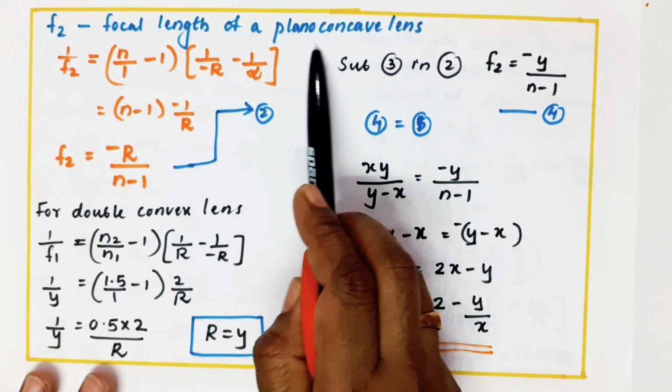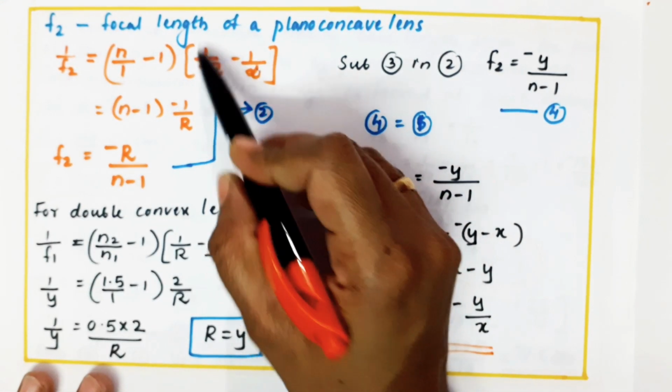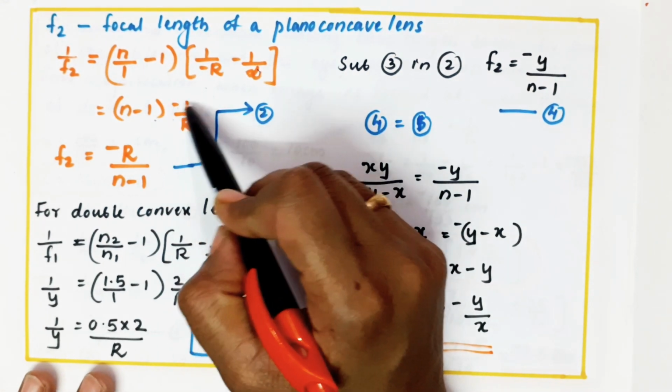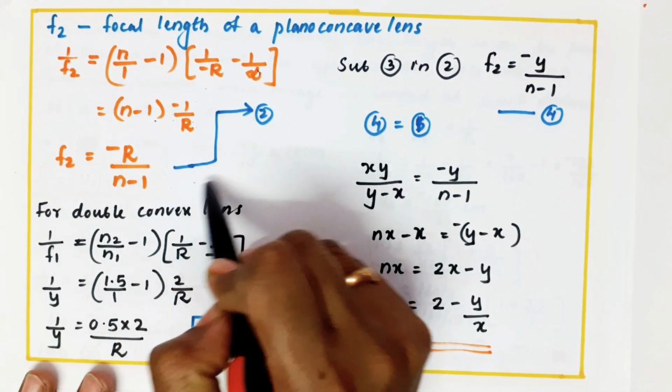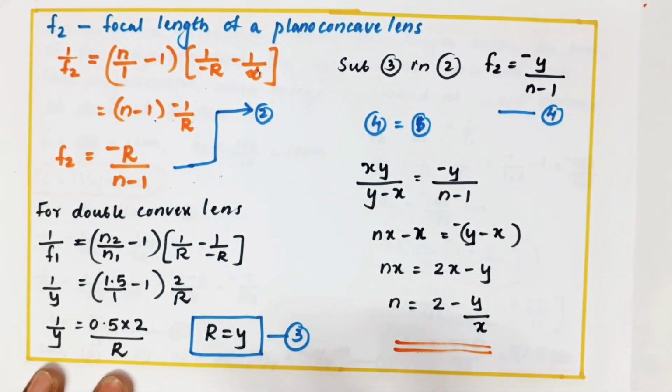As it is plano, one will be infinity. So we write 1 by minus r minus 1 by infinity, that is n minus 1 into minus 1 by r. That is f2 equals minus r by n minus 1. I got equation number 2.